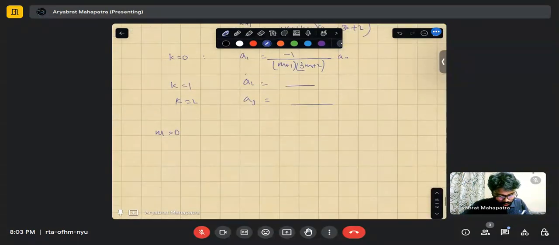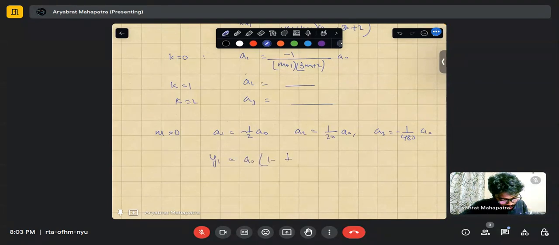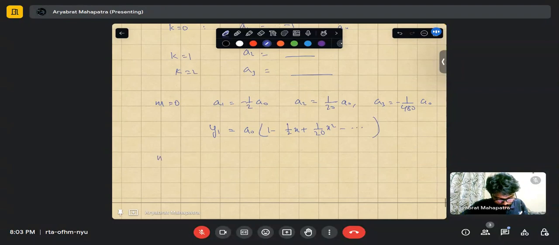For m equals to 0, you will get a1 to be plus 1 a0, a2 to be 1 by 20 a0, and a3 to be minus 1 by 140 a0. That will give you y1, a0 times 1 minus x plus 20x squared and so on. Similarly for m equals to 1/3, you will also get different values of a1, a2 and so on.